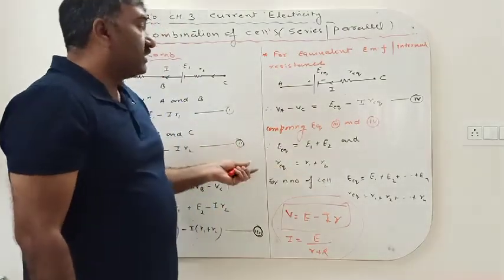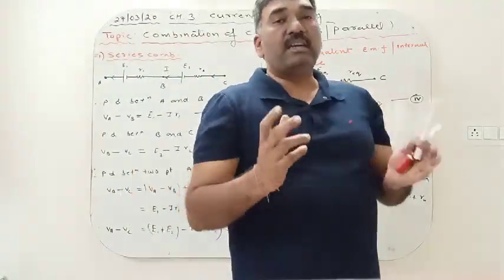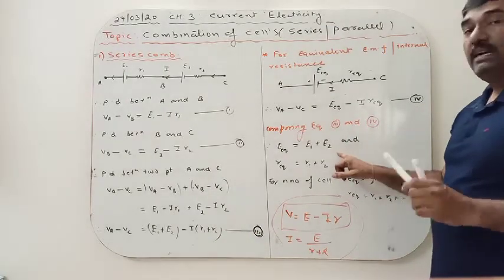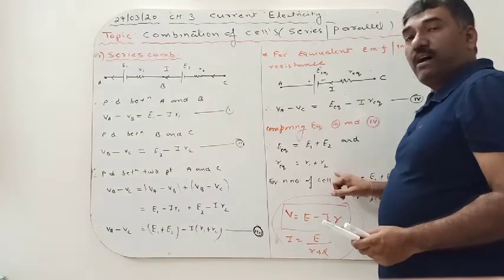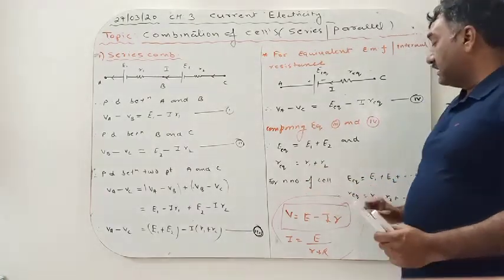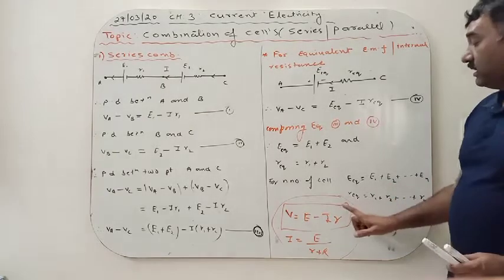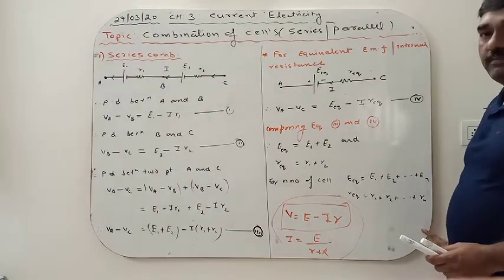So when you combine two cells in series, the resultant EMF increases and becomes E1 plus E2, and the internal resistance also increases, becoming R1 plus R2. For n cells, E equivalent is E1 plus E2 up to En, and R equivalent is R1 plus R2 up to Rn.